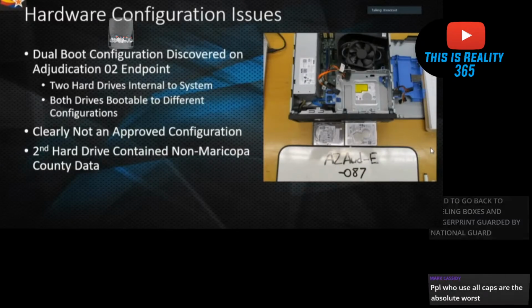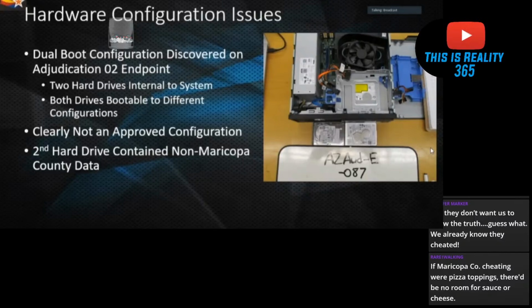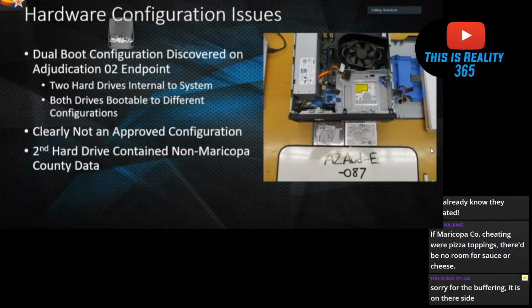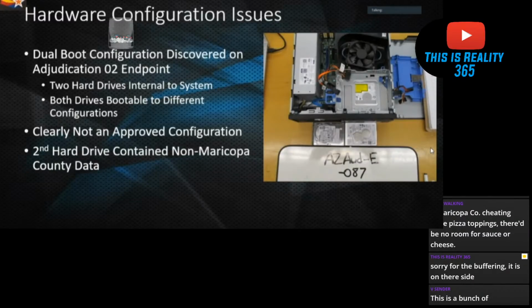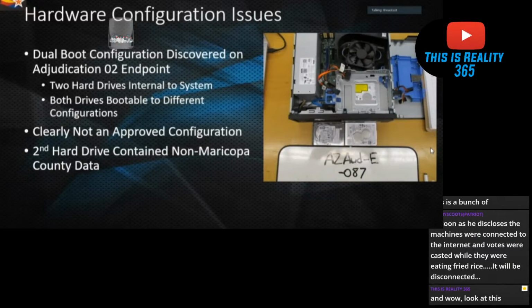Now, to further complicate matters a little bit, and I'm not going to make judgment as to the legality of this or whether or not this deserves further action, on that second bootable hard drive, there appeared to be non-Maricopa County data. Let me define that a little bit.